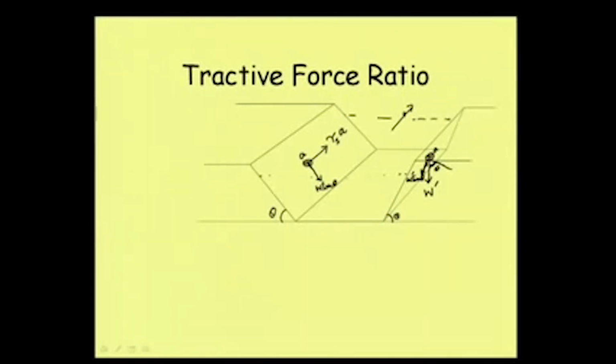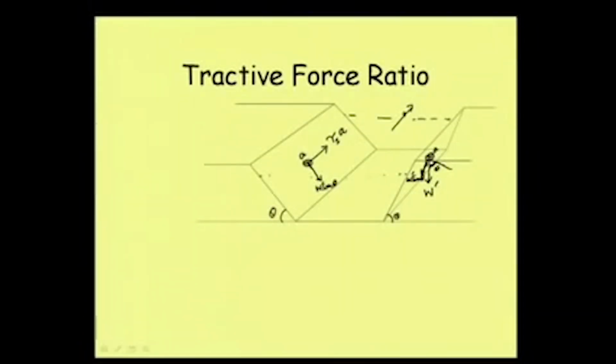There are some other forces which will try to resist this motion, but now we are looking into the forces which are trying to disturb these particles from their position. And then what is the resultant of that? We can draw the resultant just by completing this and then joining this.